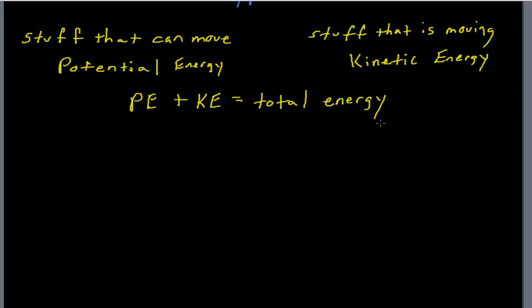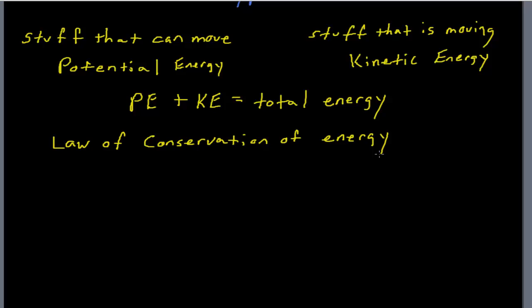All right, and the total energy is important because of a very important rule. We've talked about this rule, I believe, and we've talked about similar ones. It's the law of conservation of energy.